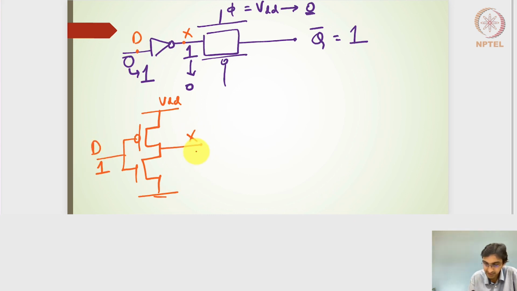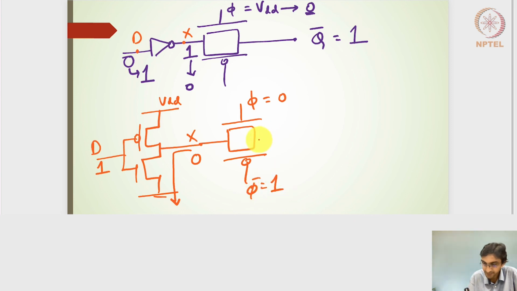The X signal is now completely discharged to 0. And then we have this transmission gate. The transmission gate clock or the gate voltage is set to 0, and then phi bar will be nothing but 1.